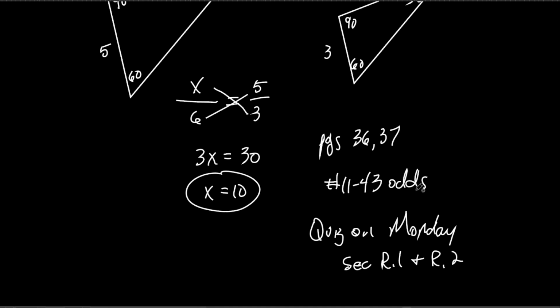Look, be here on time on Monday. I don't care if you play football. I don't care if you play volleyball. I don't care if you play soccer. I don't care if you're retired. I don't care. Be here on time, because then you're going to have to take a quiz somewhere else, and you're going to miss class, and it's just going to be a pain. All right, so be here on time. There's no reason for that. I don't care if you got a game that day.